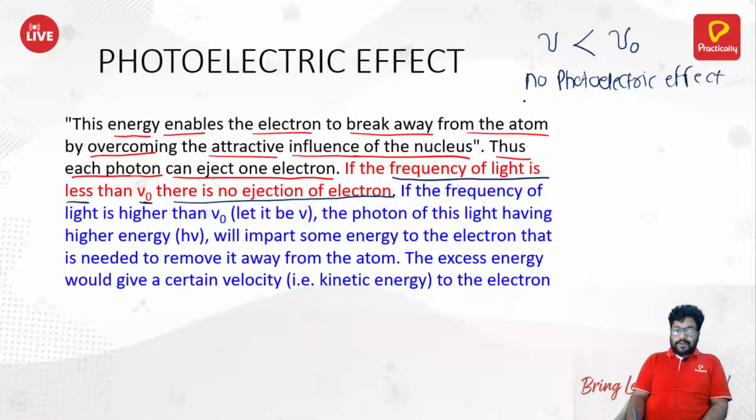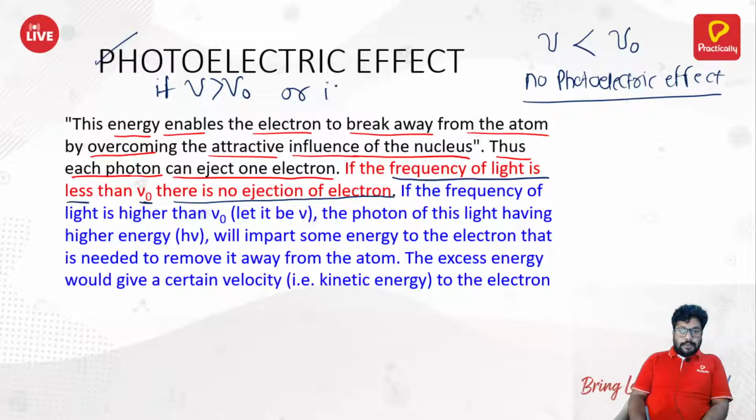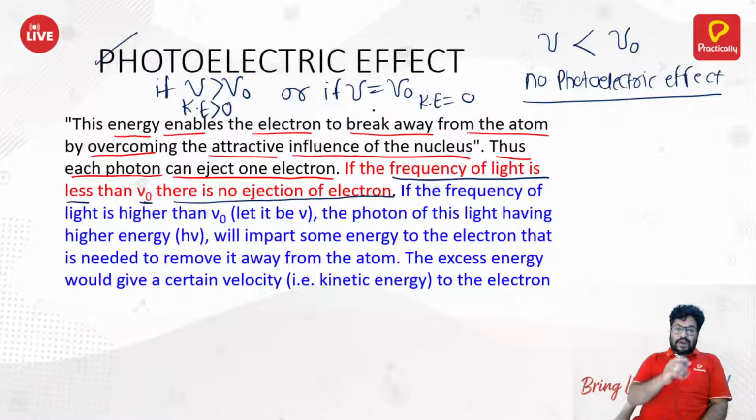The photoelectric effect will only occur if nu is greater than nu 0 or if nu is just equal to nu 0. When nu is equal to nu 0, kinetic energy will be equal to 0. If nu is greater than nu 0, then kinetic energy will be greater than 0, because kinetic energy is equal to h nu minus h nu 0.